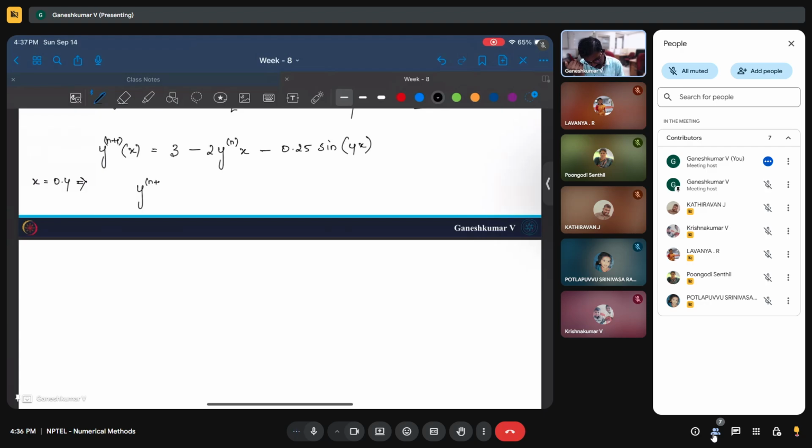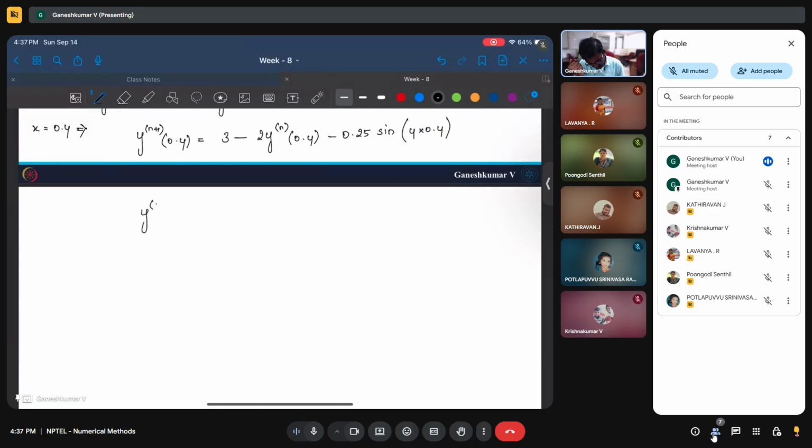So y at the new iteration, y at n plus 1 of 0.4, is equal to 3 minus 2 times the previous iteration value times 0.4, minus 0.25 sine of 4 into 0.4. This can be simplified; these are just numerical values you can add together, and please remember to use radians in sine and cos evaluations.